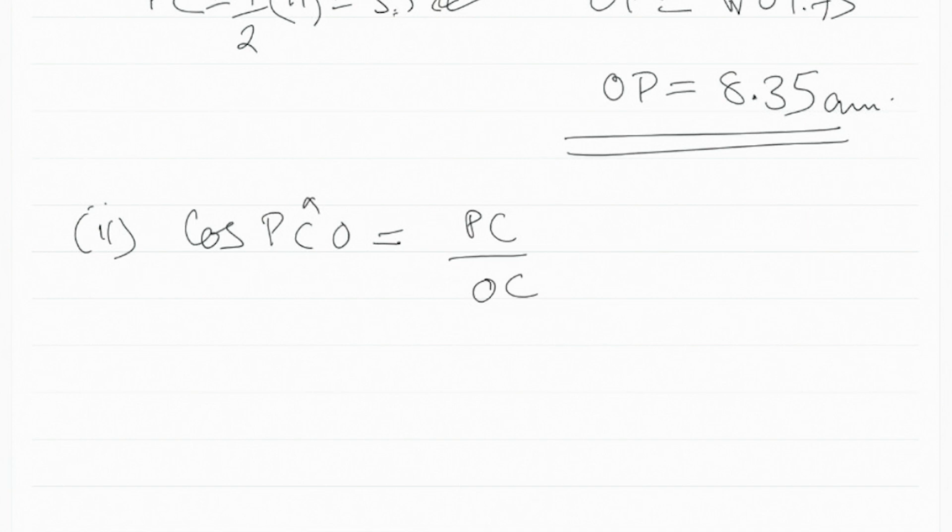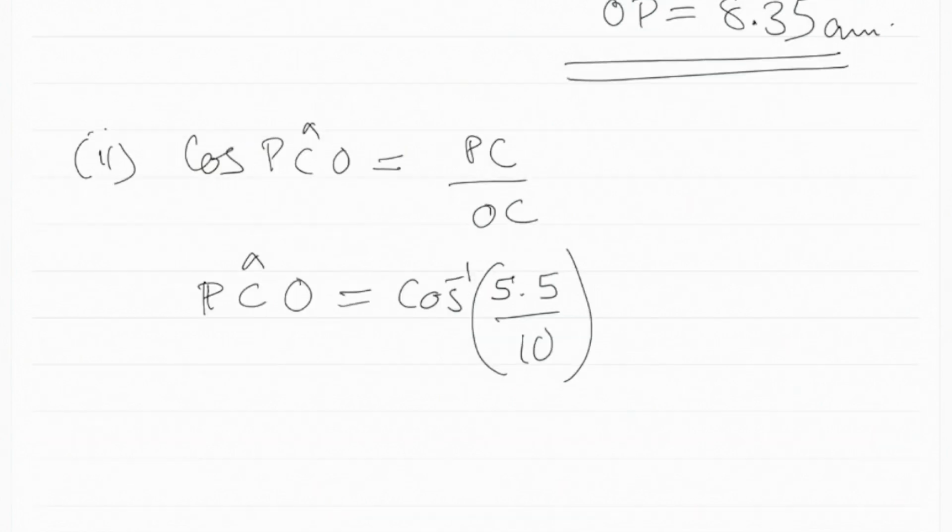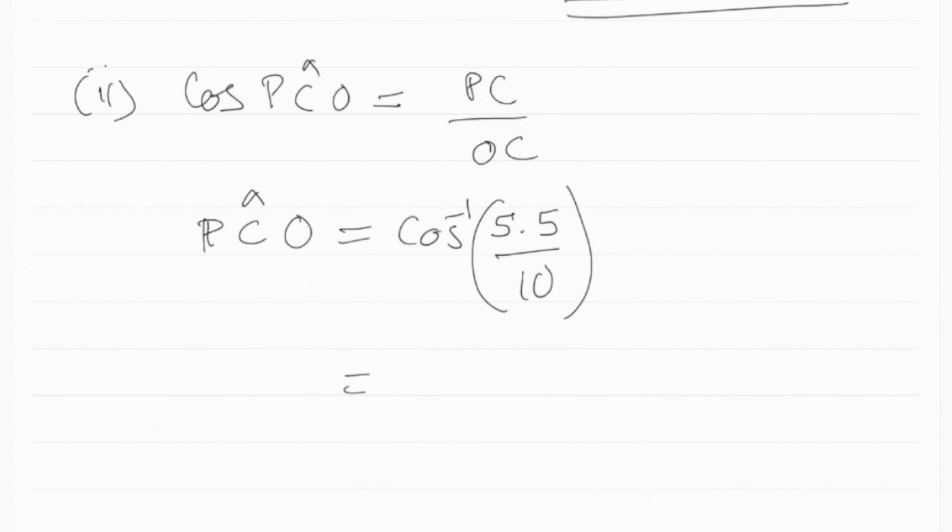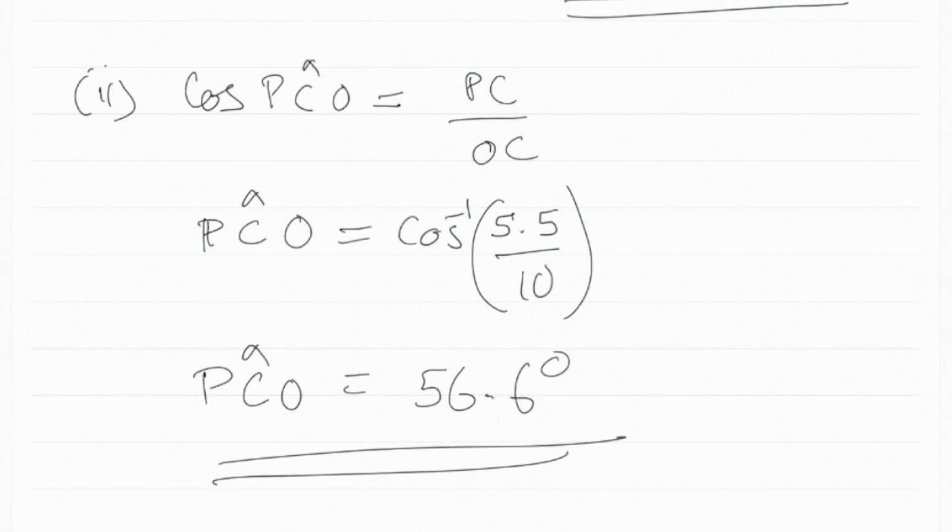Then PCO equals the cos inverse of 5.5, which has already been found, over OC, which is 10. And then when we calculate the cos inverse of this, we are going to have the angle C equals 56.6 degrees as the required angle.